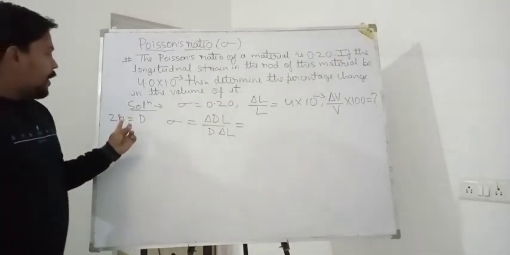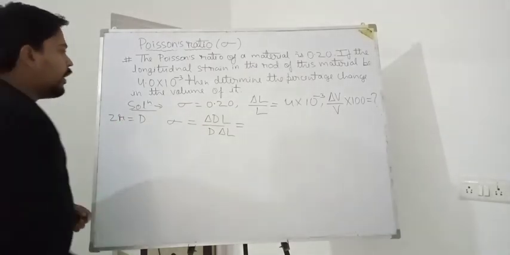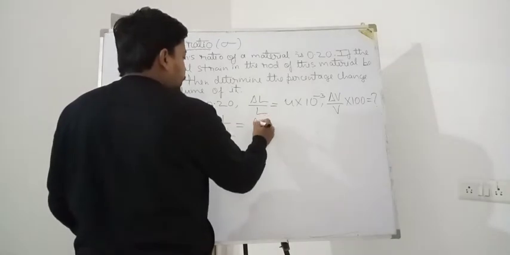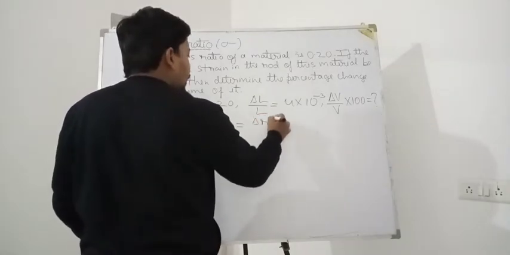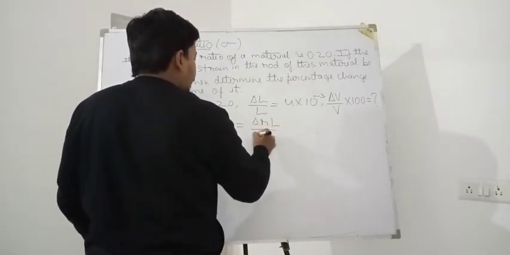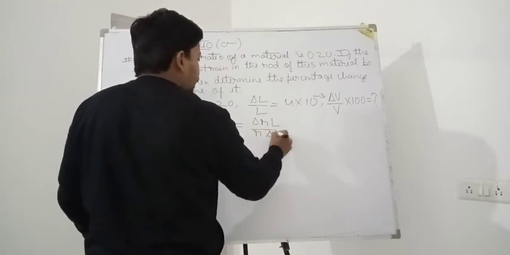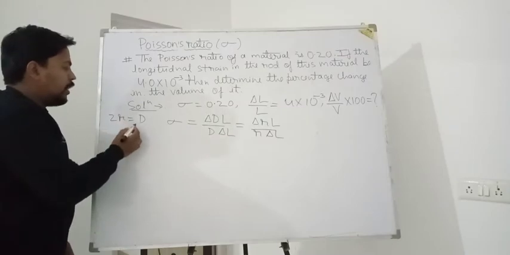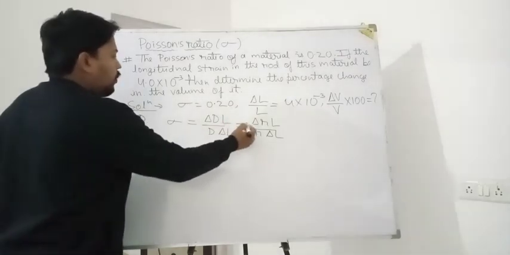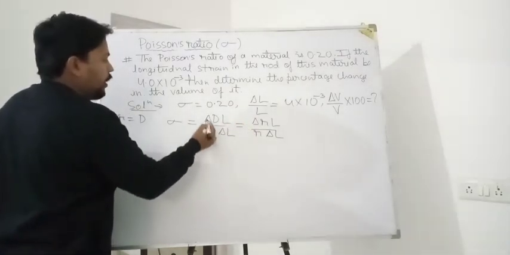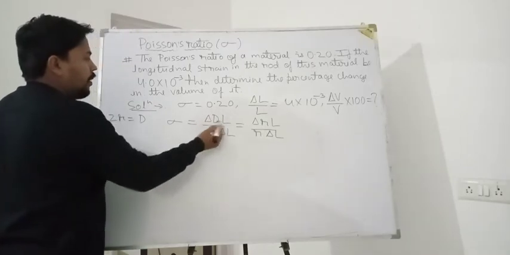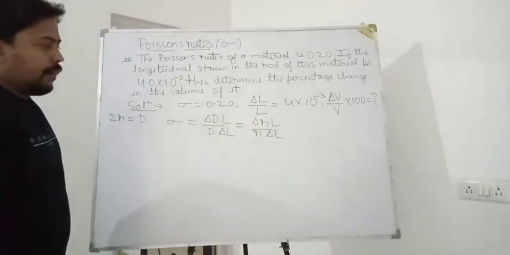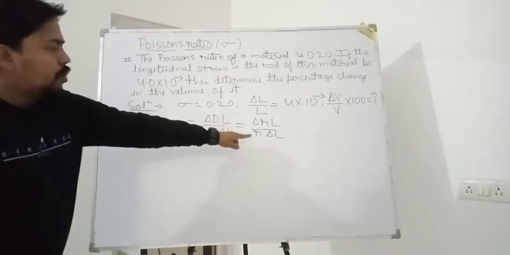So if I place this relation here, we can get this relation in terms of radius. That means delta R into L upon R into delta L. Because D is 2 into R, so 2 from the numerator and 2 from the denominator will cancel out. In this format we can write. So this formula is also important.